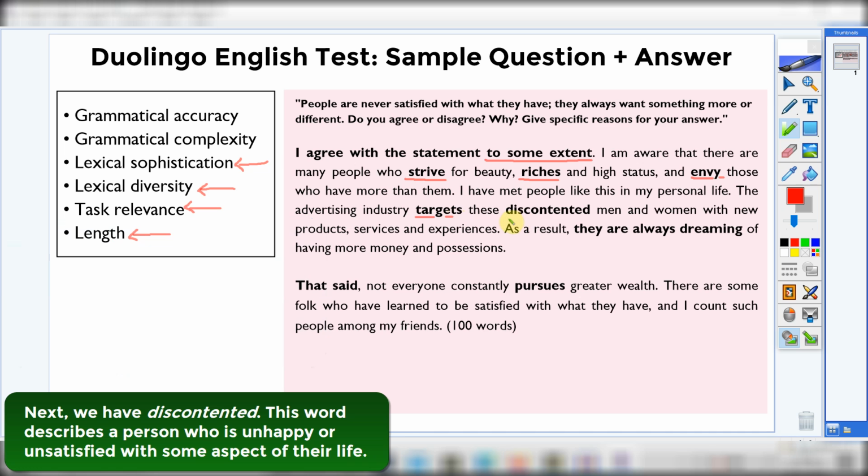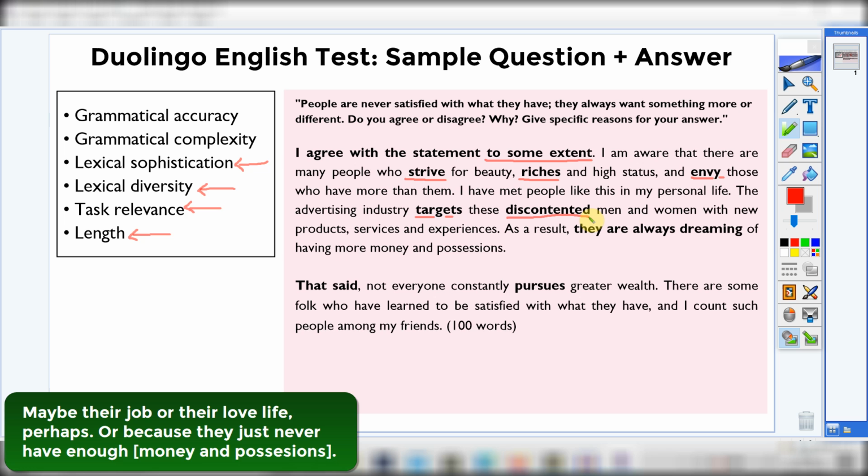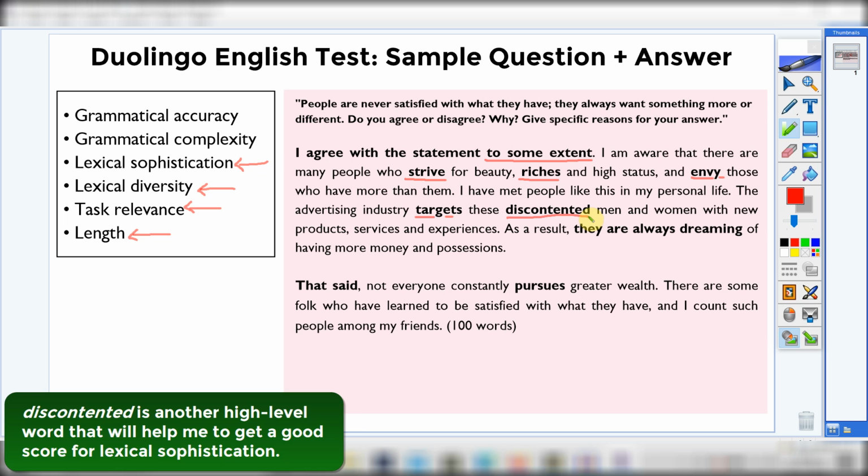Next we have discontented. This word describes a person who is unhappy or unsatisfied with some aspect of their life, maybe their job or their love life perhaps, or because they just never have enough. Discontented is another high-level word that will help me to get a good score for lexical sophistication.